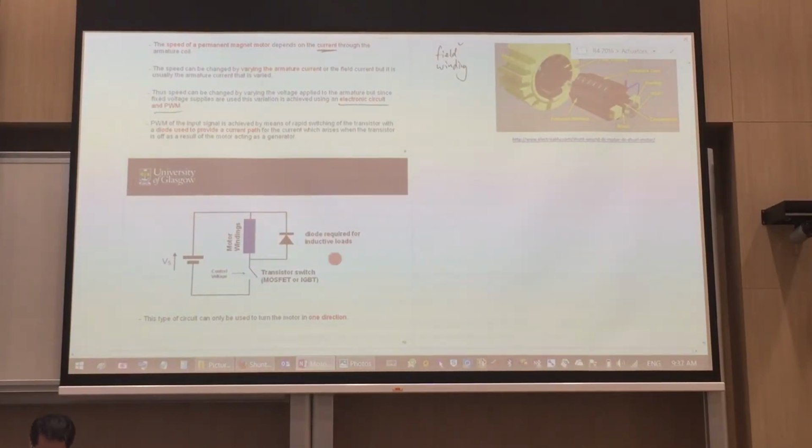And we need to have a diode over here. And this diode is required because of the inductive load over here. And what that means is that if you drive this plus, this minus, if you drive your motor, you'll run that way. Right?